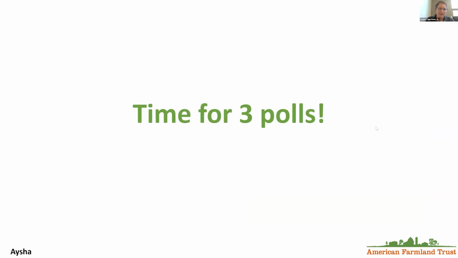So let's see who is in the room for this event. We have 3 quick poll questions that you will see come across your screen. The first is which one sector best reflects your occupation: government agency, non-government organization, academic institution, corporation or environmental markets firm, or other.